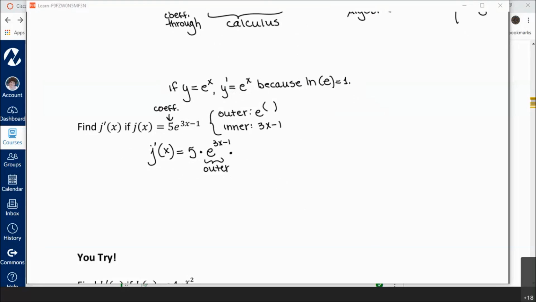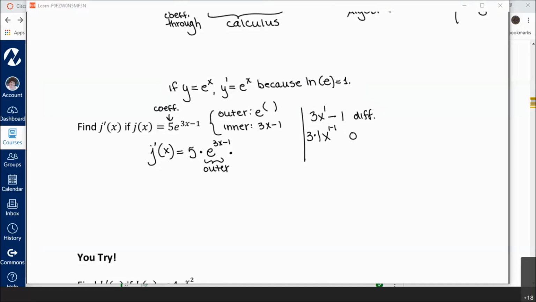Okay? And then I want to take the derivative of the inner, which is the exponent, the linear function up there. Okay, let's take a look at that. 3x to the first minus 1. And if I want to differentiate this, I bring down, 3 is a coefficient, bring down the 1, subtract 1 from the exponent. And again, the negative 1 is a constant, so that doesn't give me anything. I could even say minus 0 if you want.